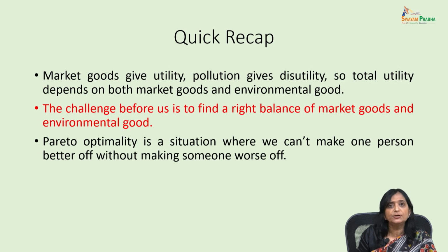Then we used the Pareto optimality condition, wherein one person can be made better off without making someone worse off. And that we did by getting the equation: efficiency of exchange will be there when the marginal rate of substitution for both, compared to the prices of both the goods, becomes the same. So that is the efficiency of exchange.